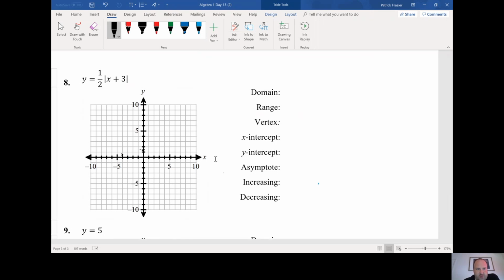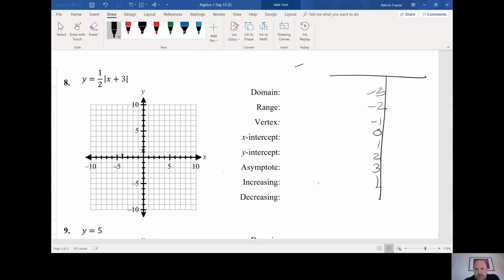Okay, moving on to problem 8. We have the absolute value of y equals 1/2 times the absolute value of x plus 3. I'm going to make a little table over here.